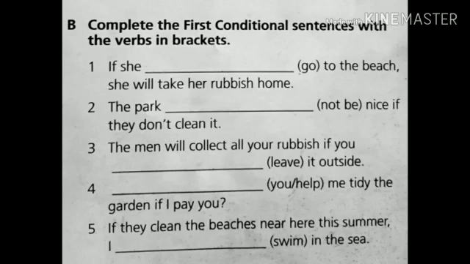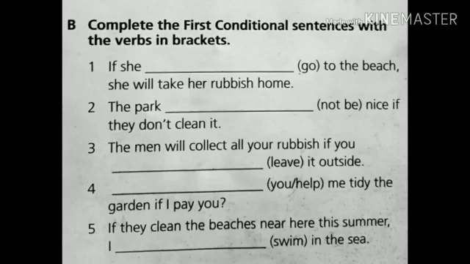Number 2. The park not be nice if they don't clean it. The park not be nice, this is the result clause. In the result clause we use the future simple, so we will say the park won't be nice if they don't clean it. Number 3.